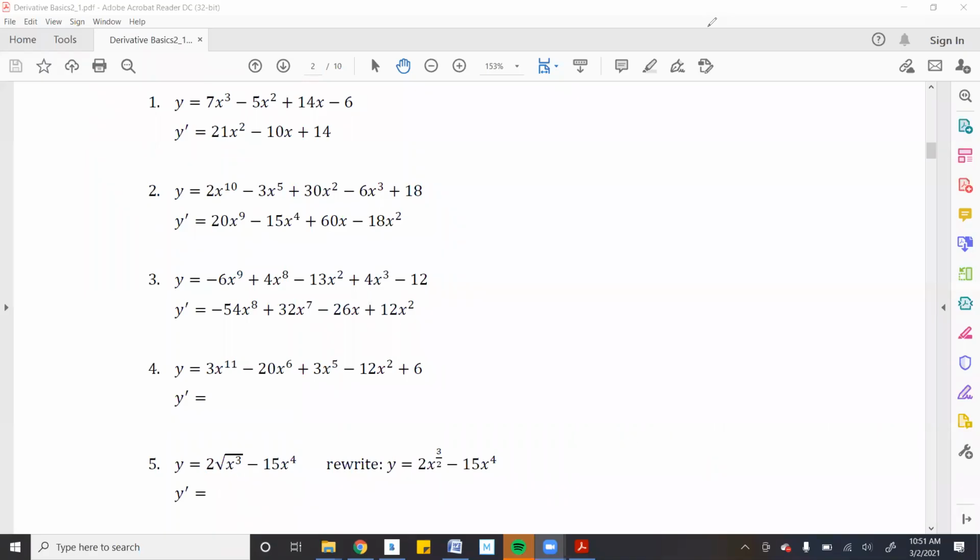So I'm going to use a darker color, but I'm going to look at this and use my rule, my pattern, to find y prime. Now, if you haven't done yet, then go ahead and pause and take a moment to write what you think y prime should be.